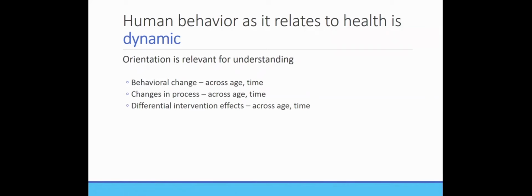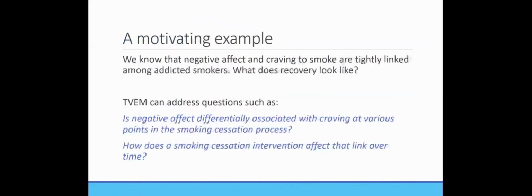It's not on and it's effective and then it stops working, or it stays working forever. We know that intervention effects are actually dynamic, and they work better for certain individuals of a certain age, and they work as a function of time, real time, whether it's time in terms of minutes or time in terms of years. So let's start with one motivating example, and this is coming back to the smoking cessation study I alluded to.